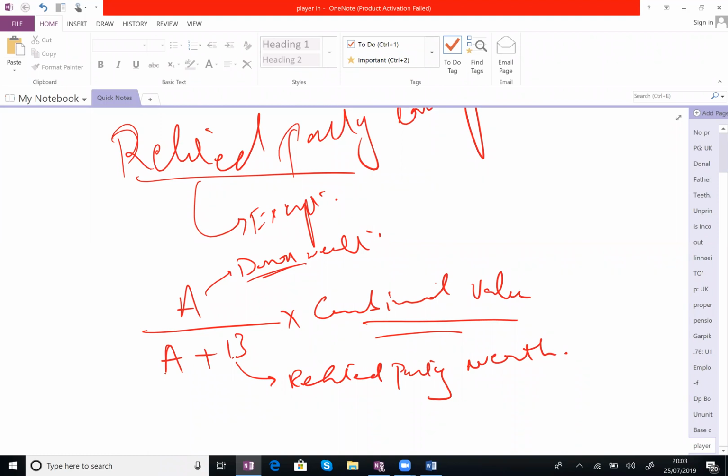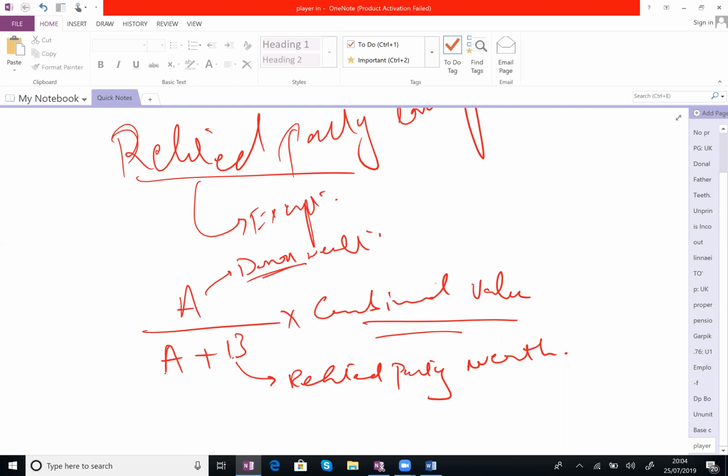These are the related parties, and you are the donor. The related party names are given, and also the combined value table in the exam. Then the related party rule will apply in the question.